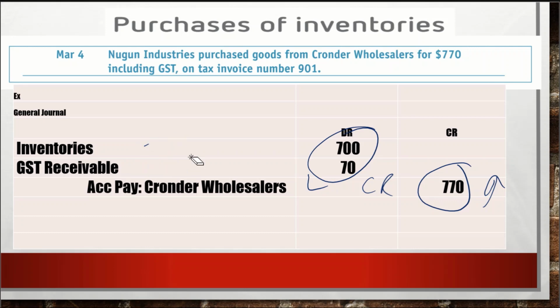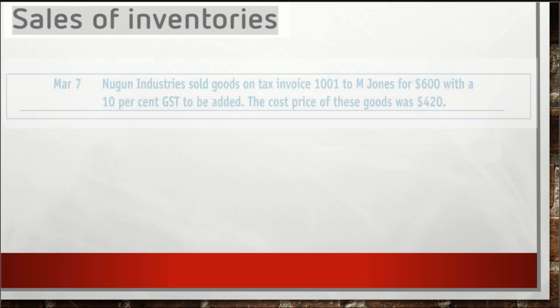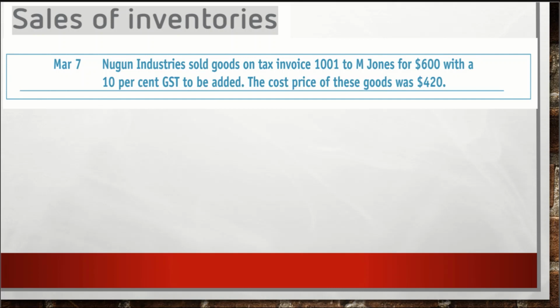If we now go on to the next one, we're going to look at the sales of inventories, and there we see the same business sold goods, tax invoice. Tax invoice tells me that the person to whom we sold it, M. Jones, has not paid us. If they paid us, a cash register summary or cash slip or receipt would have been the source document here.